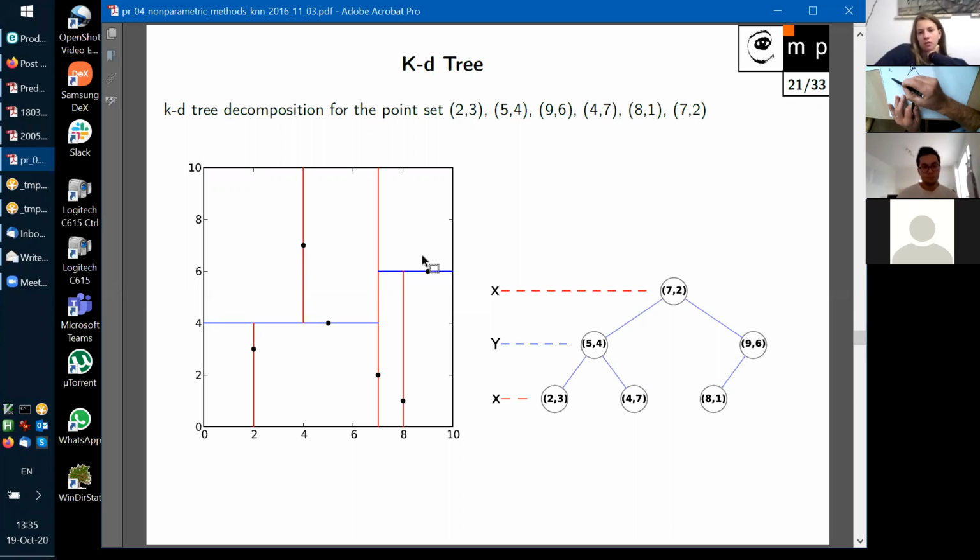Then the other direction is chosen, and in each subtree, you take the median. So 3, 4, 7 was the x coordinate, y coordinate, and we split until we get the leaves. So this is a very short tree here that you have on the slide.